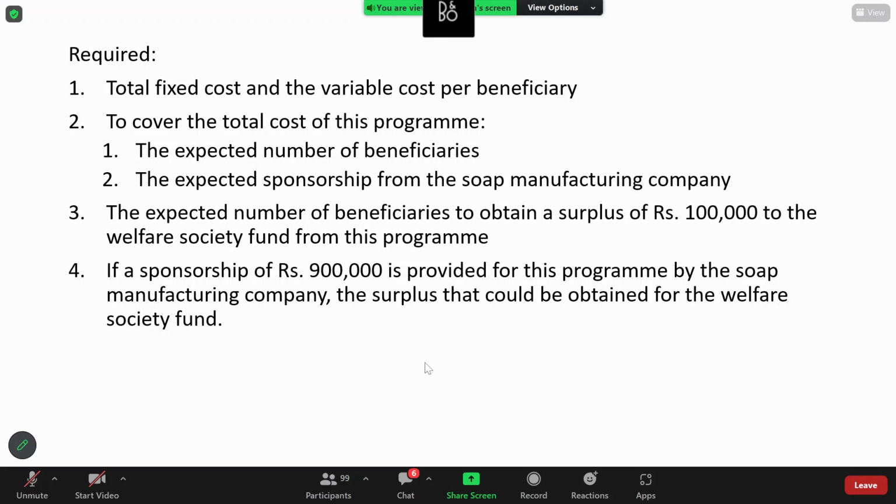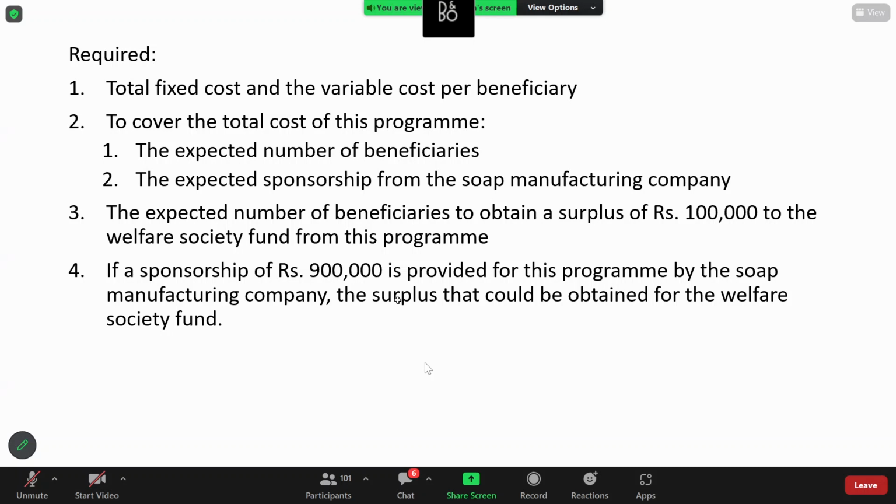Then the last question. Now this is a different scenario. The sponsorship money is 900,000, right? The soap manufacturing company is giving you 900,000. So now the question is, what is the profit? The question is the surplus that could be obtained by the welfare society fund.